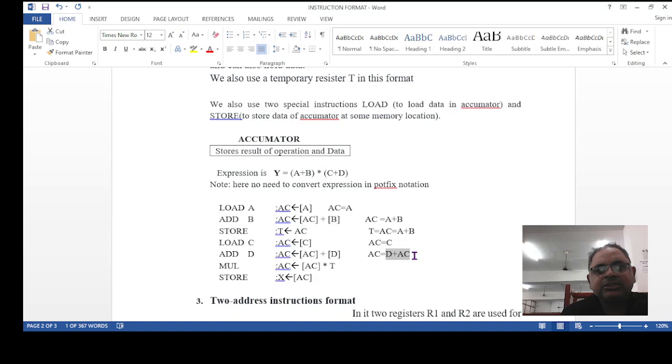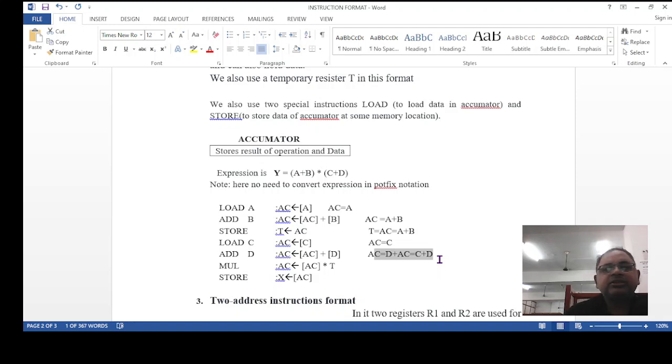Means d plus ac is stored at the accumulator. In fact, this is c plus d. Means now t is holding a plus b and accumulator is holding c plus d.